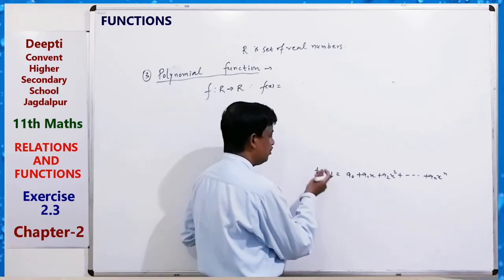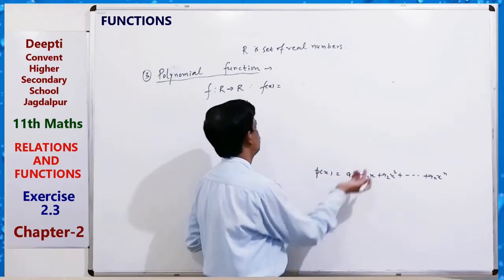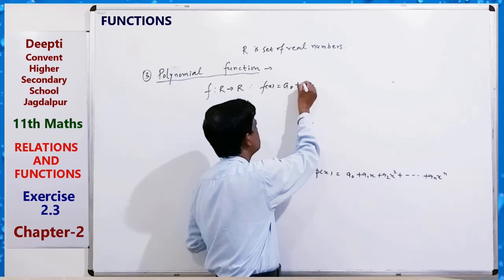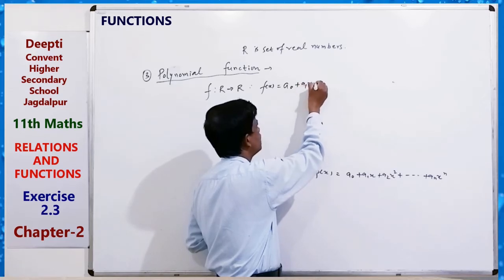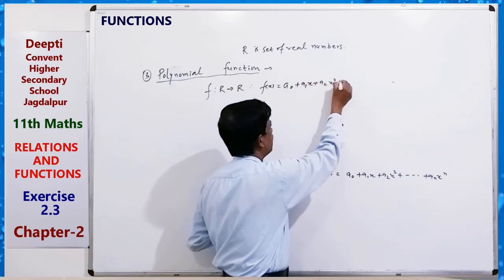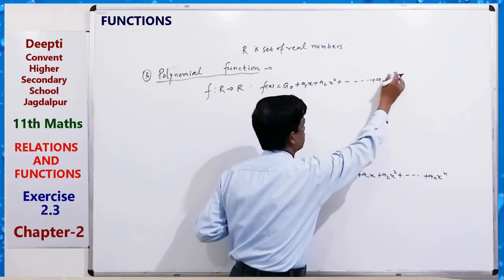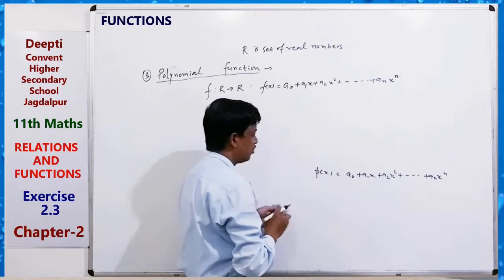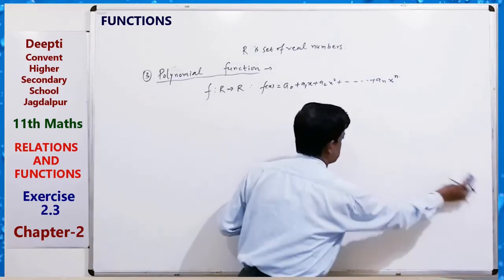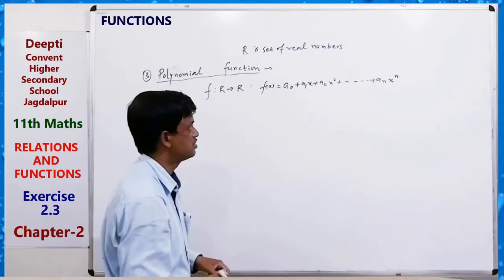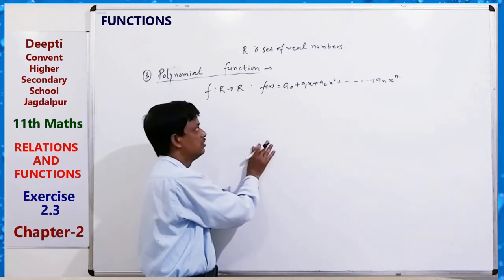So this polynomial p(x) we can write just like this: a0 + a1x + a2x square and also up to an x to the power n, where n is a non-negative integer.